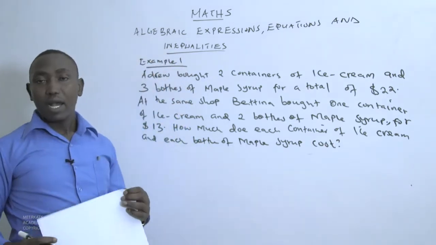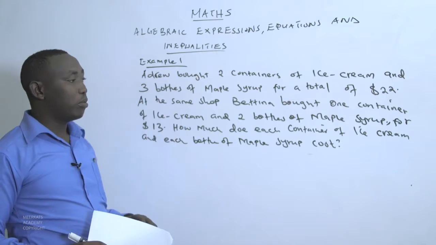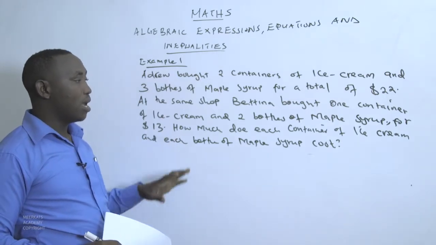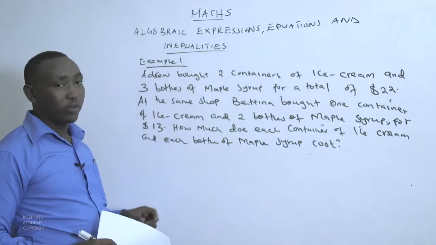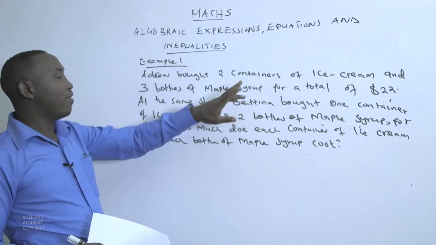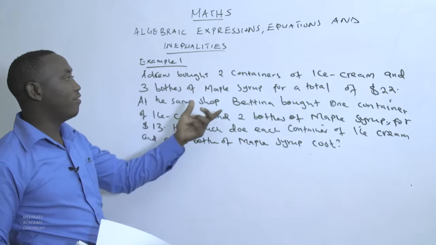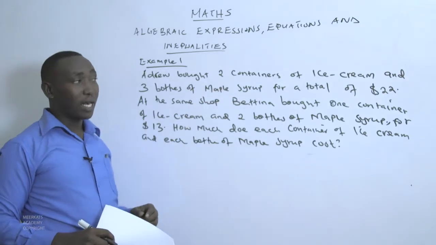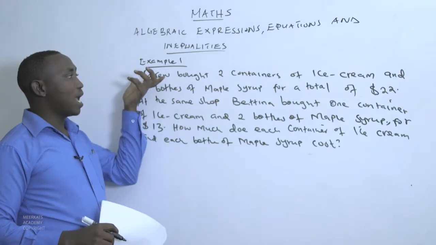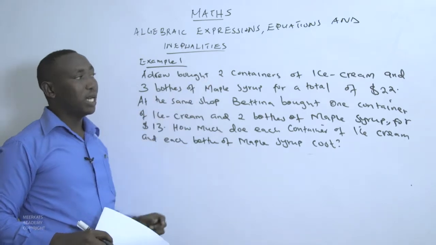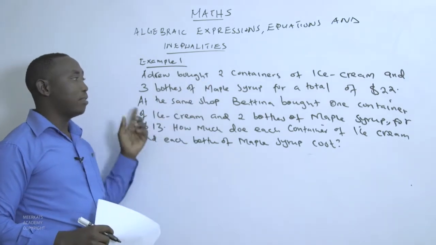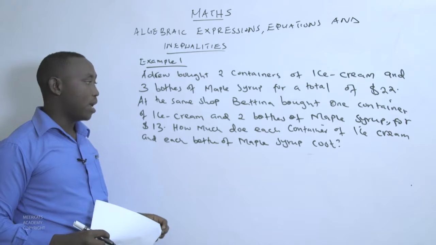Now this is a mathematical problem which involves the cost of 2 items. We have ice cream and we also have maple syrup. We have been told that Andrew went and bought 2 containers of ice cream and 3 bottles of maple syrup.